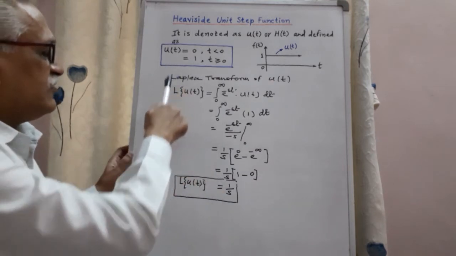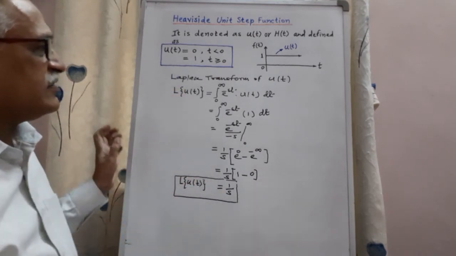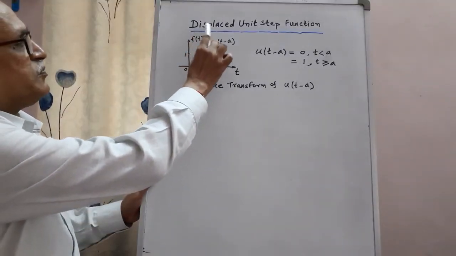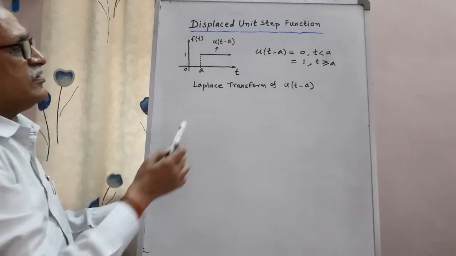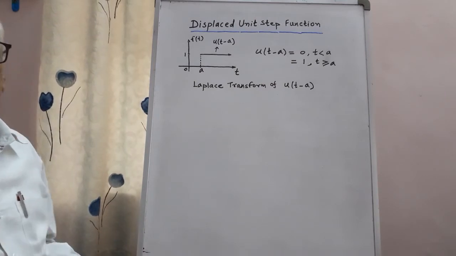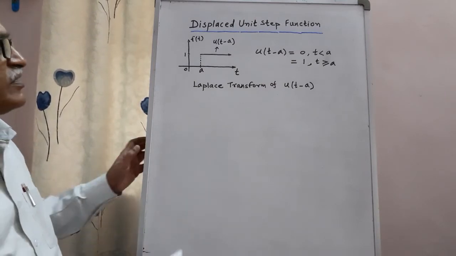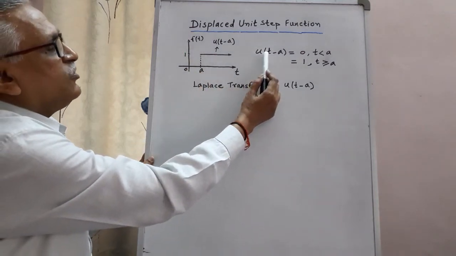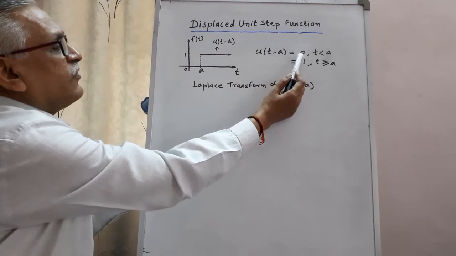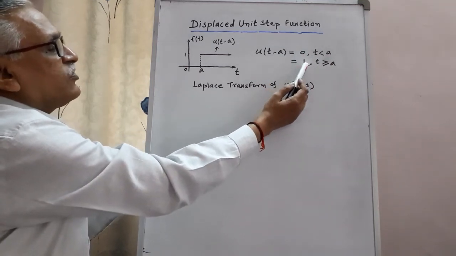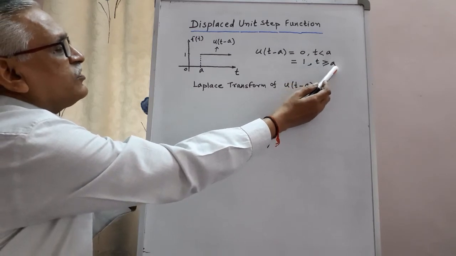Like that, we try to see how we can obtain the Laplace of the displaced unit step function, denoted by U of t minus a or H of t minus a. Its definition is U of t minus a having two values: 0 for t less than a, and 1 for t greater than or equal to a.